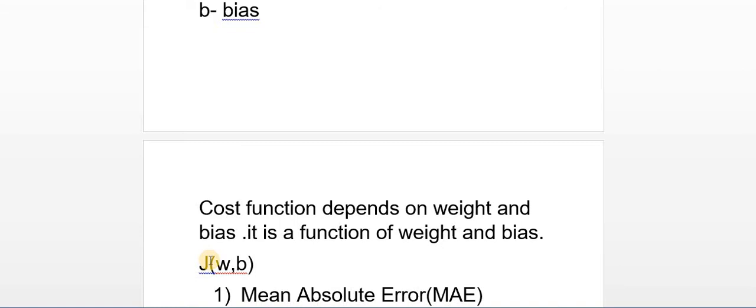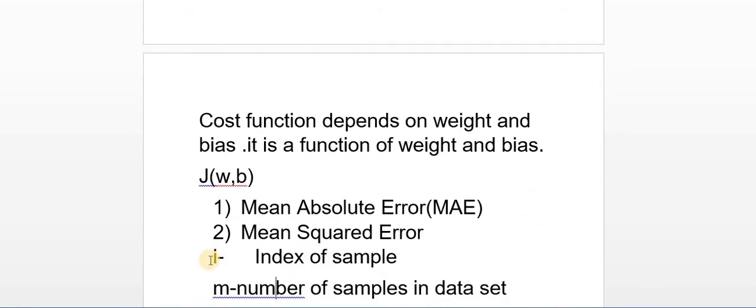In mathematical terms, weight is simply the slope, and bias is the y-intercept. So the cost function depends on two important parameters: the weight and the bias. That's why I have written that the cost function is denoted by the letter J, and it is a function of w and b, where w is the weight of the network and b is the bias.